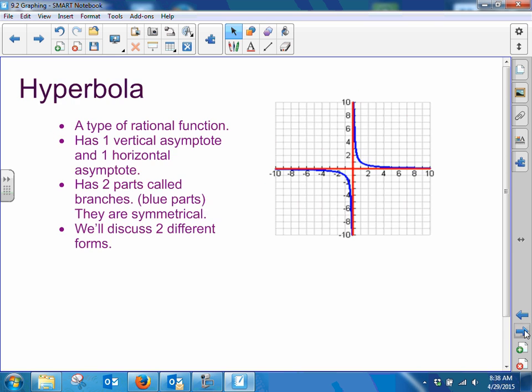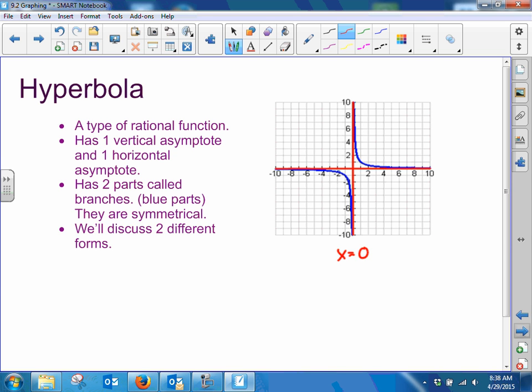Okay. Here's what it looks like. So right now, the red is your asymptote. So the vertical line, that's your y-axis, right? Well, what is that as an asymptote? X equals or y equals? X equals, and what does it equal? 0.